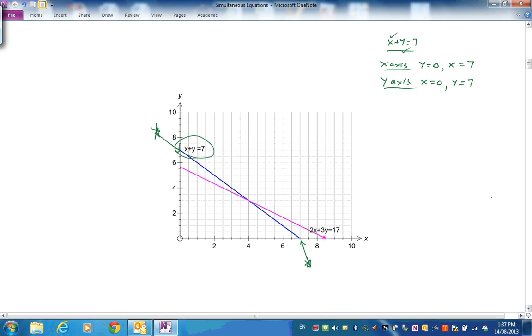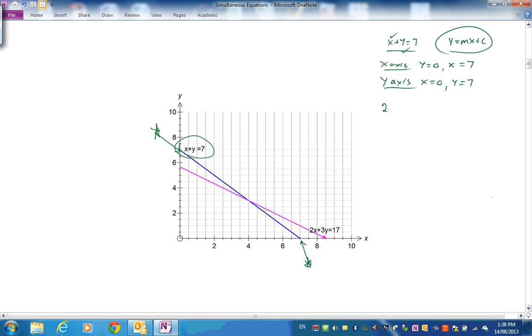So they are those 2 points. And we know from this format up here, it's like y equals mx plus c. It is a straight line. We can rearrange it. We just rearranged it to show that. So you could actually just use those 2 points and join it up. 2 points are enough to specify a straight line.